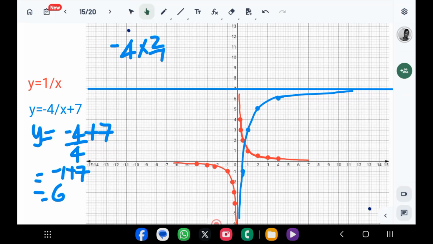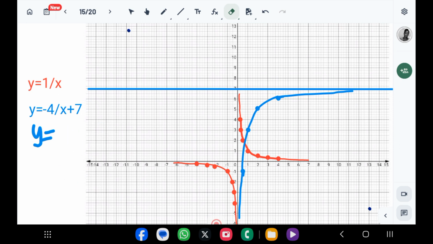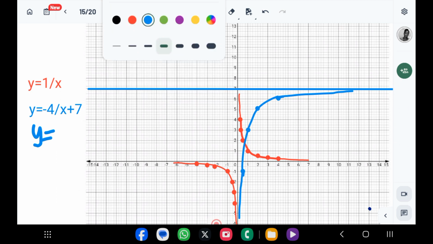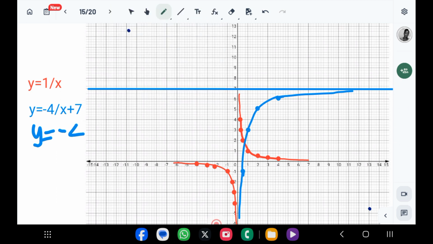Okay, on the other end, let's plot the points. On the left hand side, when x equals to -1, let's see, when x equals to -1, we have -4 over -1 plus 7, which is equals to 4 plus 7, which gives us 11.